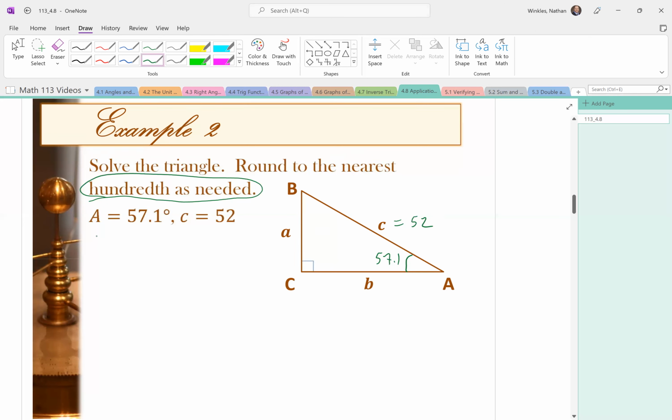So in our case, we have 180 is equal to 90 plus 57.1 plus angle B. So 180 equals 147.1 plus B. B is equal to 32.9.